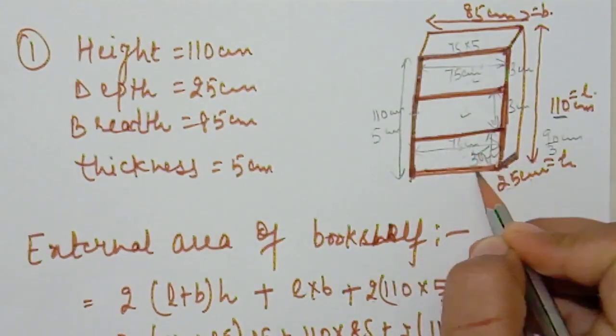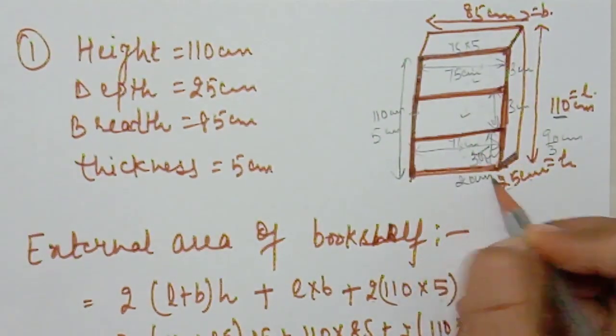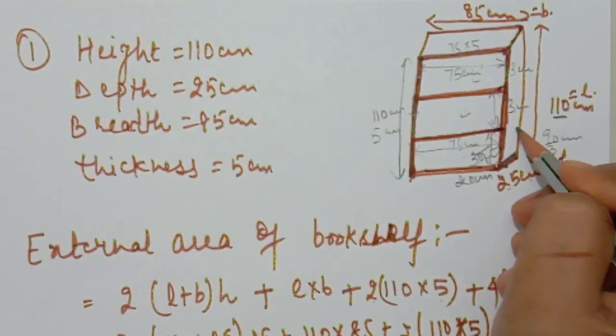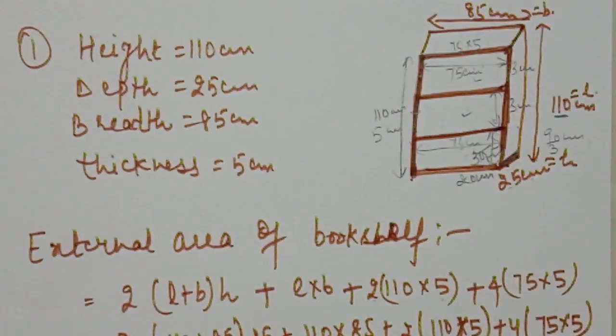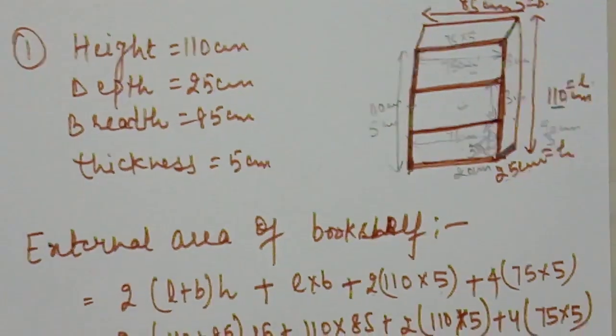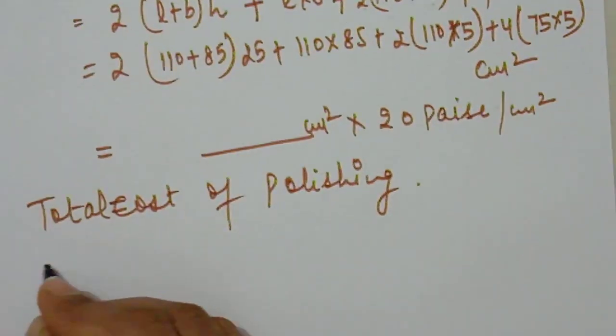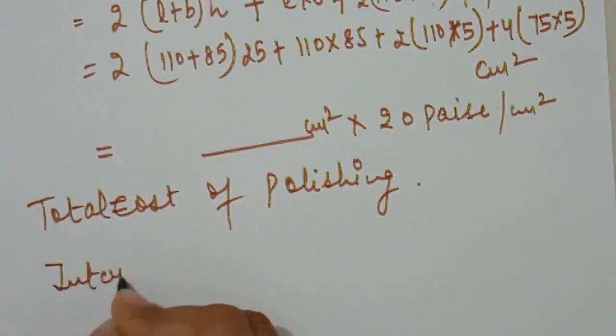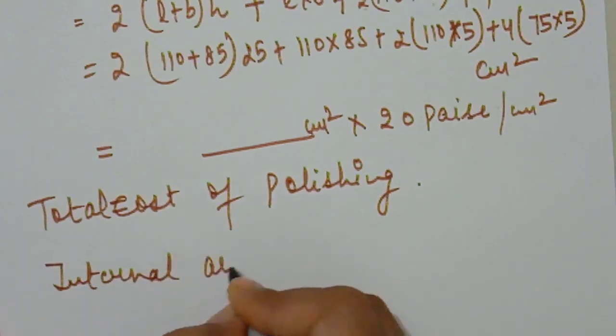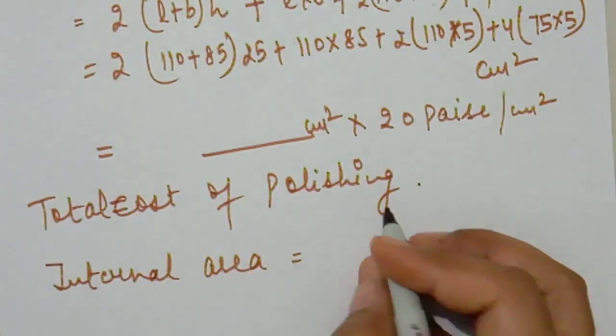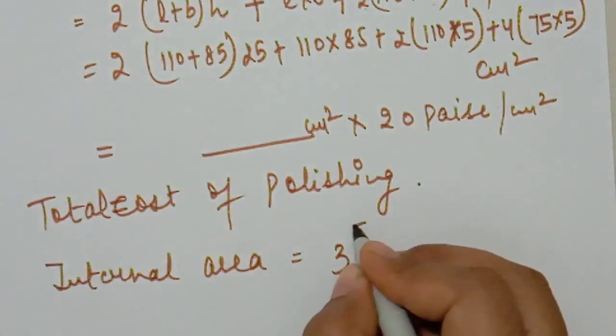So the depth is now 20 centimeters, because the thickness of the plank which is present at the backside of the almirah will be subtracted. So for the internal area, we have 3 boxes, so multiply with 3.